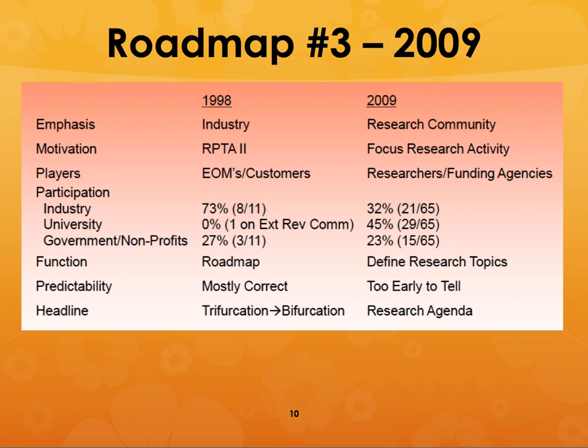Okay, it took something like 11 more years because people were so busy trying to create new technologies and things like that. So in 2009 they had roadmap number 3, and what they found is that in 1998 most of the players in the road mapping exercise were the companies and the customers.